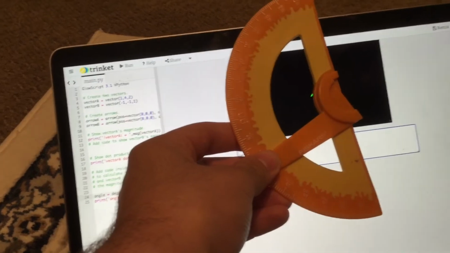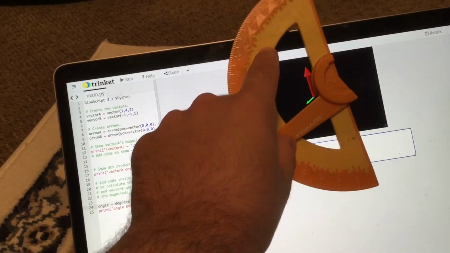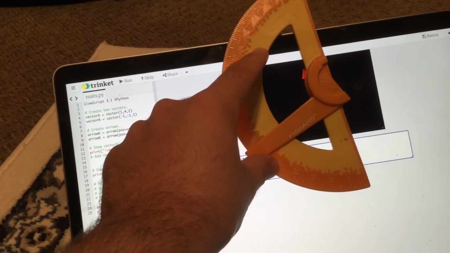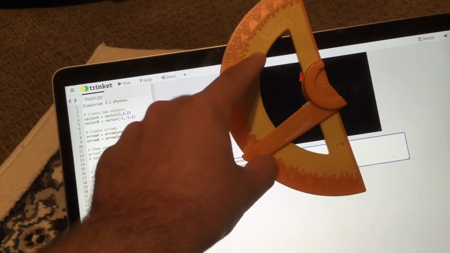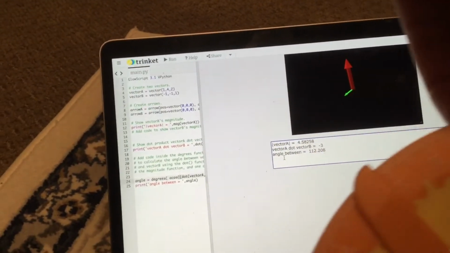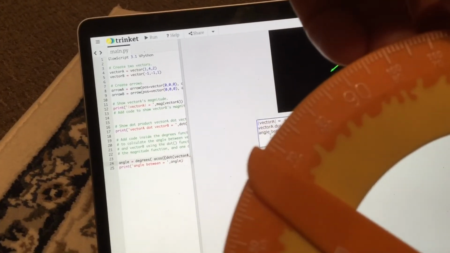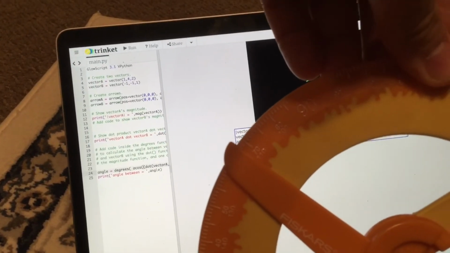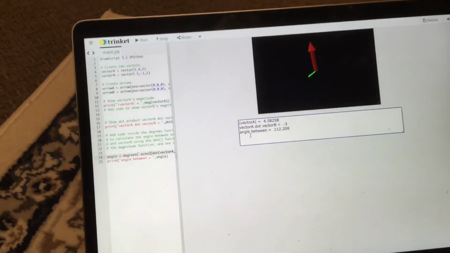I couldn't find a Google one, unfortunately, so I put my own next to the screen to see whether this is the same angle. I get close to 112, so yes, it's a 112 degree angle. That's what my protractor shows.